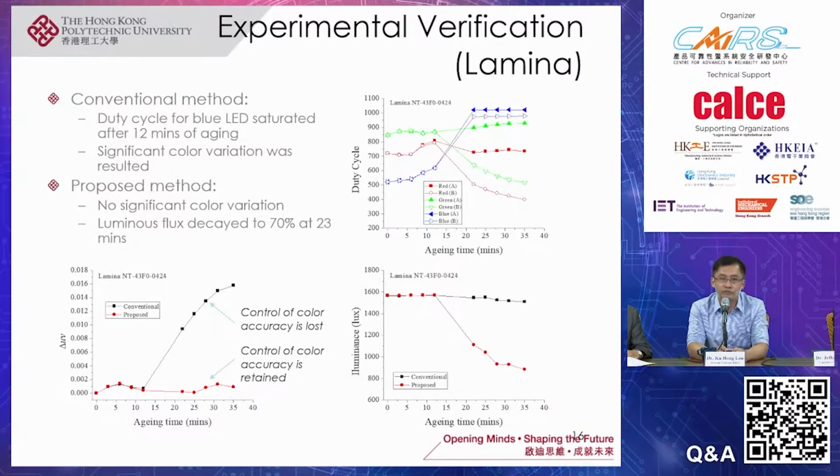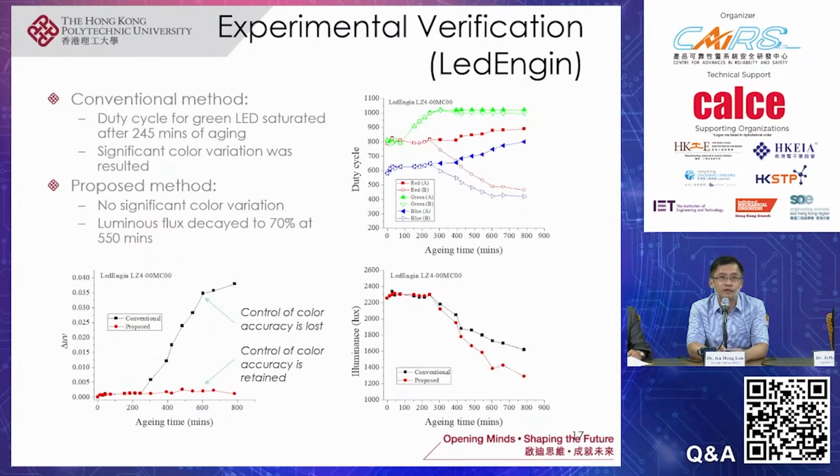So if we apply this criterion to the system that uses the proposed control method, we can see that the lifetime of the RGB LED has been extended by around 100%. Basically, it's extended from 12 minutes to 23 minutes.